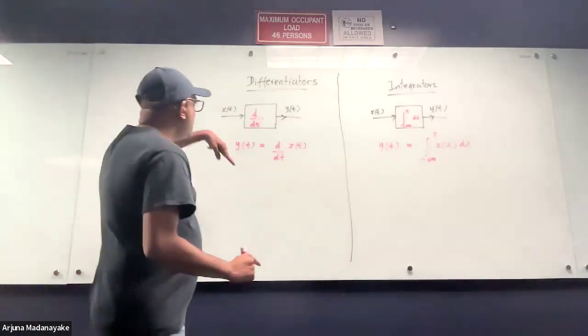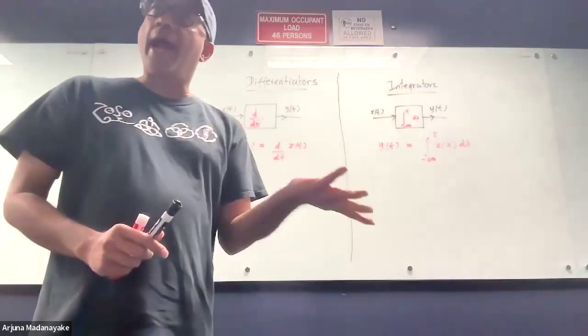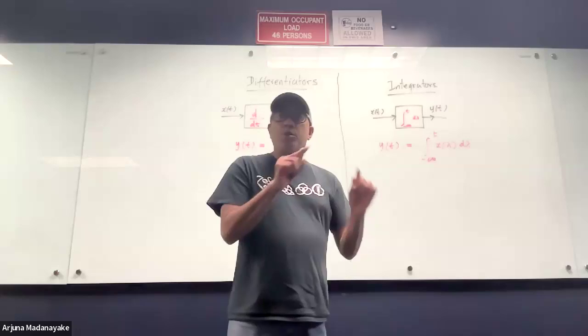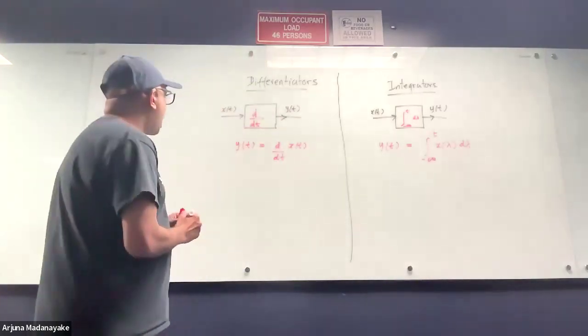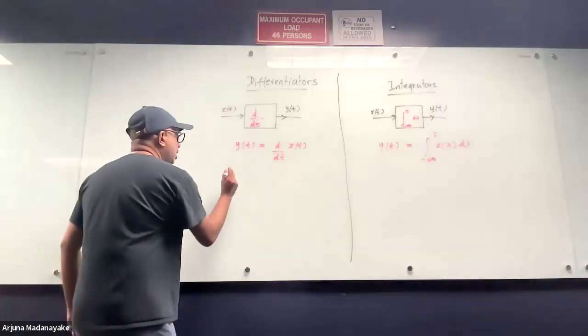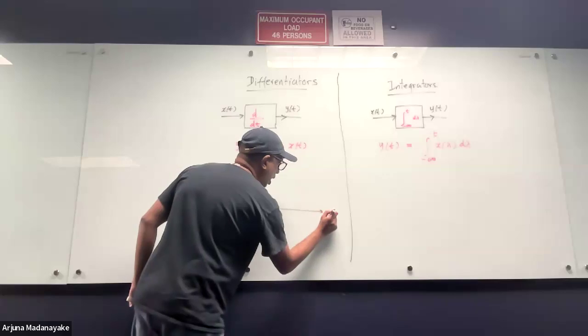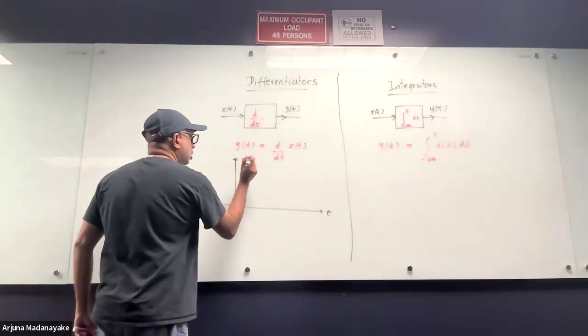First box will find the slope, right? We know that the differentiation operation gives you the tan, which is the slope. And the integration operation gives you the total area under the curve, basic calculus, right? So I can diagrammatically show that. Let's say this is my differentiation. This is time. This is x of t.